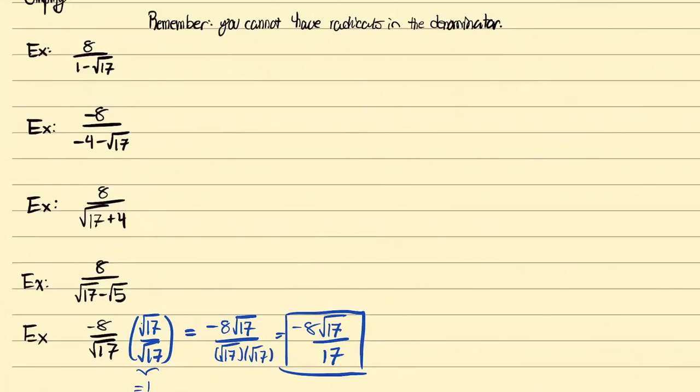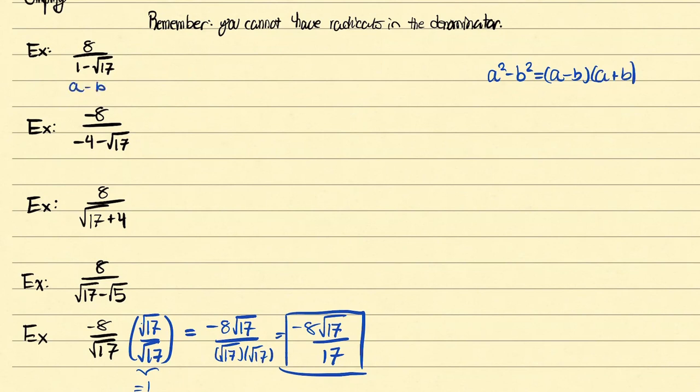But these questions are a little bit different because I can't just multiply by root 17 over root 17, because when I distribute that root 17 inside this quantity 1 minus root 17, I'll actually still have the radical in the denominator. So we're going to use the fact that a squared minus b squared is a minus b multiplied by a plus b. So here I have a minus b.